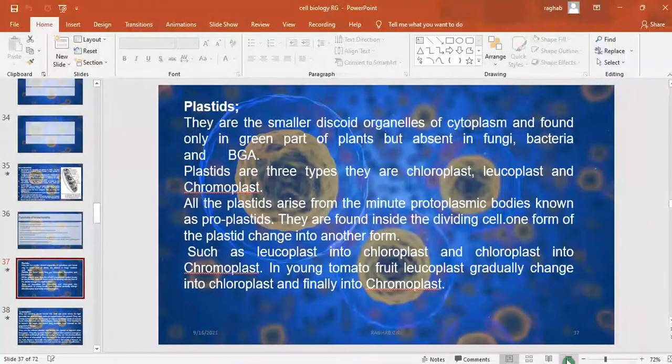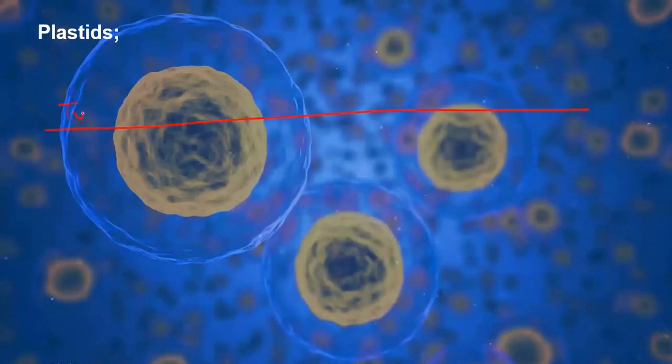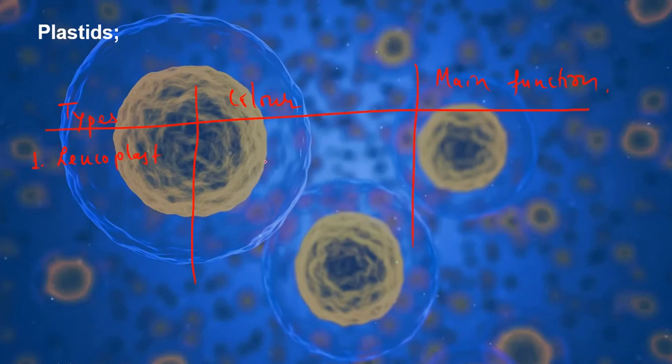So we are going to write the types, color, and main functions. It will be easy for you to remember. Plastid one is leucoplast. Leucoplast, simply they are colorless. They are colorless plastids.